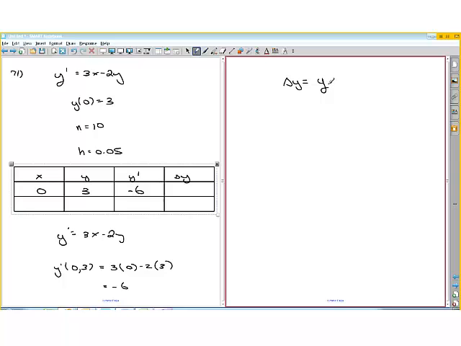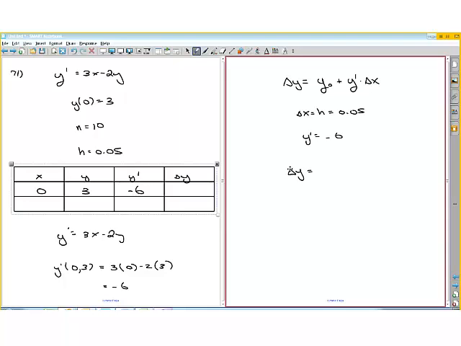So let's call that y0, plus y prime times delta x. Well, in this case, delta x is equal to h, which is equal to 0.05. Y prime we just calculated. Y prime at 0 is -6.